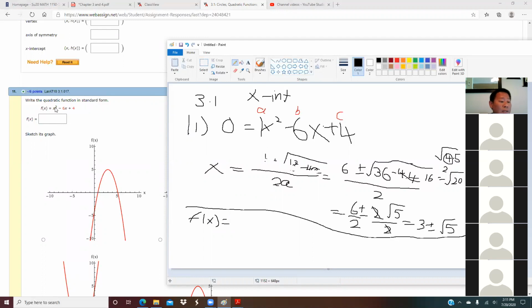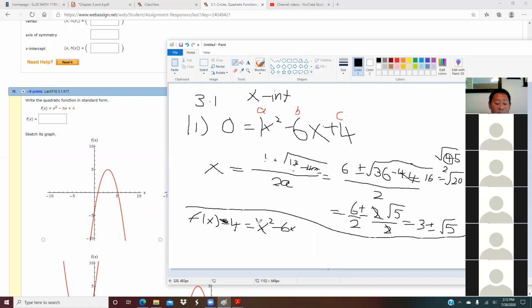What you do is you take the plus 4 and move it over because you want the x term by itself. When you move the 4 over, it becomes negative 4. Then you get equals x squared minus 6x. This is your first step. Always the first step is to move the number, the last term, to the other side.